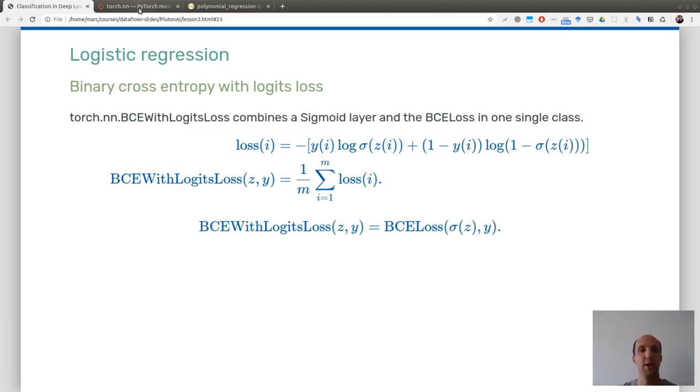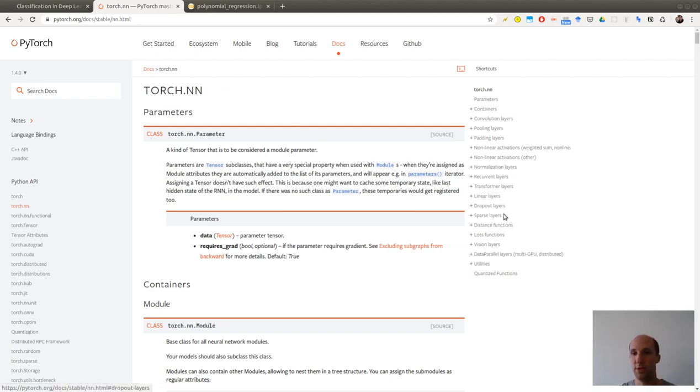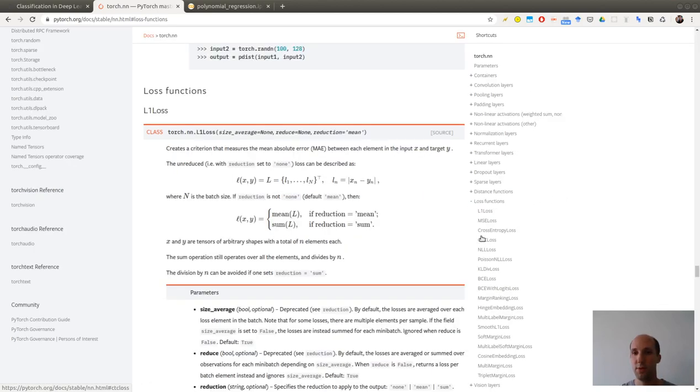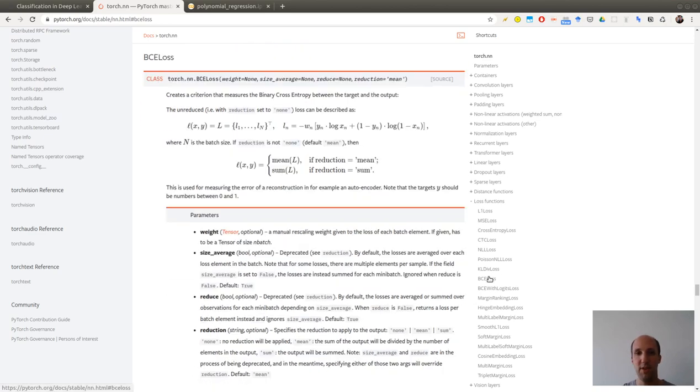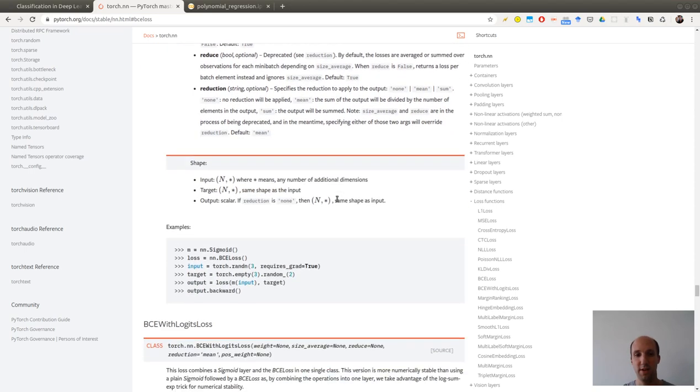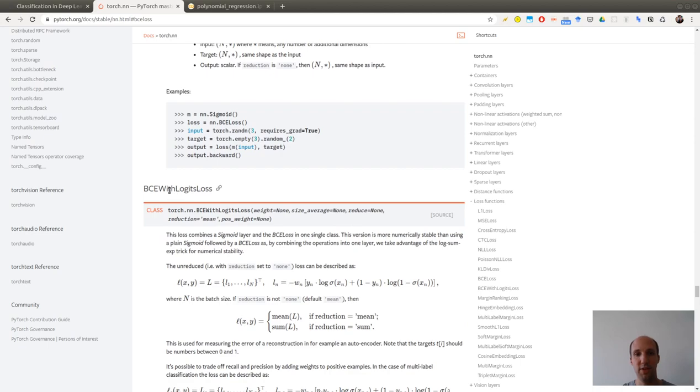By the way, if you want to see the documentation, it's here. BCE loss is here, and you have exactly the formula I showed you with more details. And BCE with logits loss is written here. You see that this version is more numerically stable than using sigmoid followed by BCE loss. Why is that?